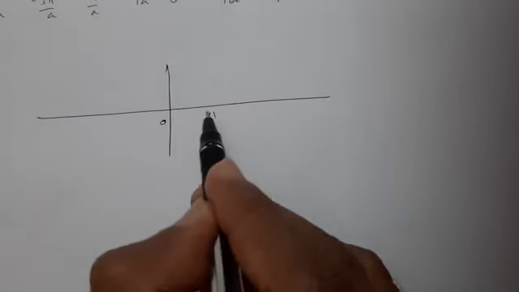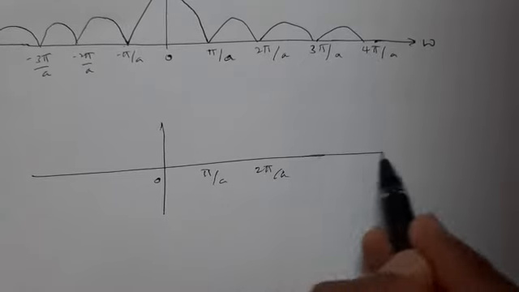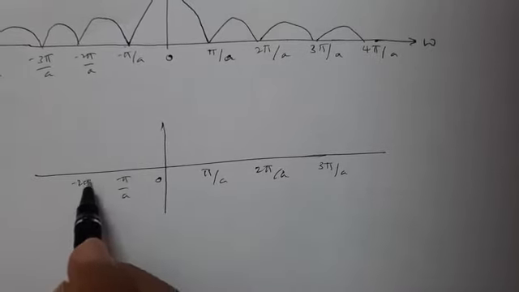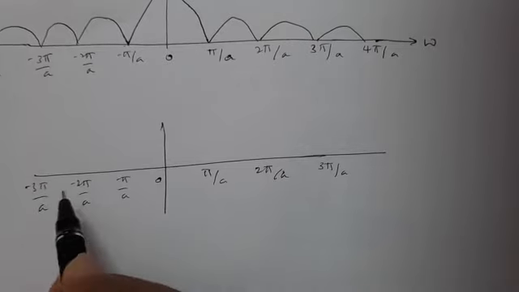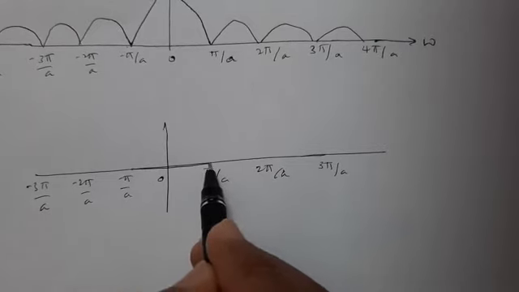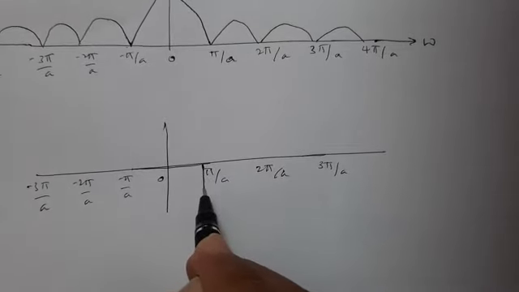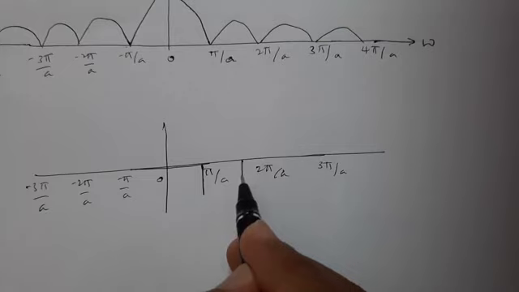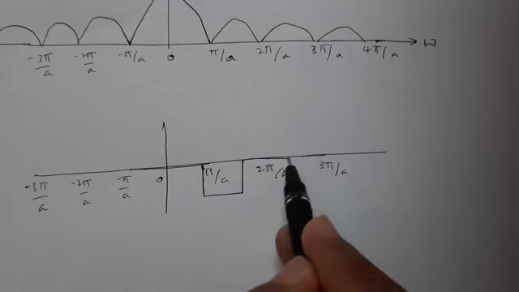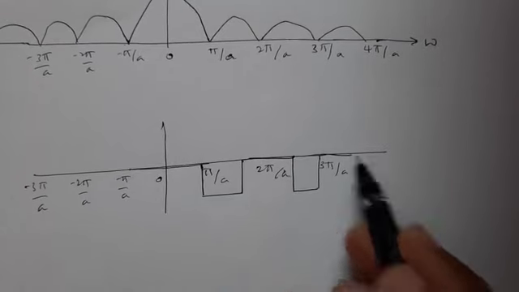With the same zero crossings at 0, pi by a, 2 pi by a, 3 pi by a, minus pi by a, minus 2 pi by a, minus 3 pi by a. So at pi by a, at 2 pi by a, and so on.